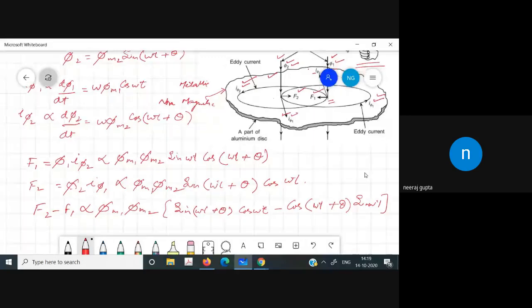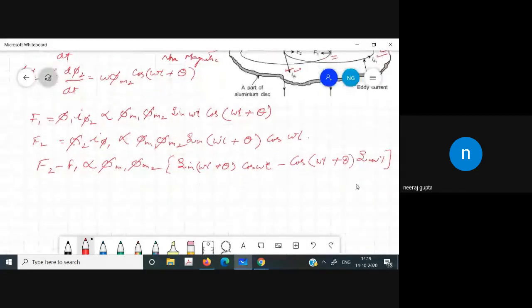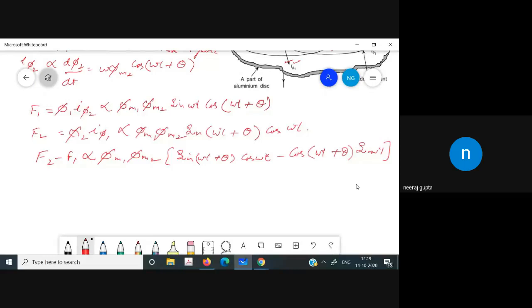When we solve it using the trigonometric identities, we get F2 minus F1 proportional to phi m1 phi m2 sine of theta.